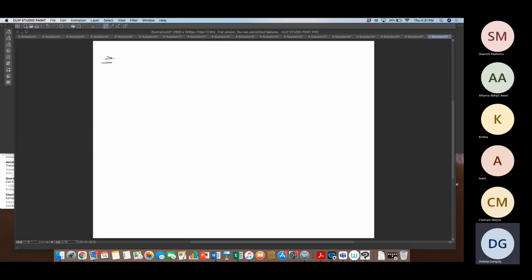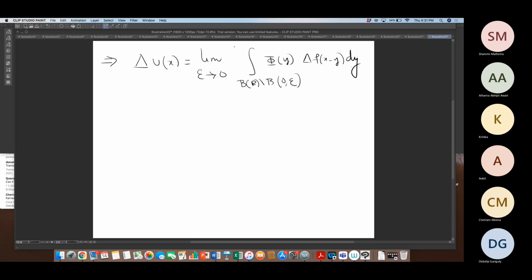Now what remains? Laplacian of u of x is nothing but the limit as epsilon tends to 0 of the integral over B_R minus B_0 epsilon of phi of y Laplacian of f of x minus y dy. Now let us concentrate on this set, then I will take epsilon tending to 0. Clear? Okay. What is this set?